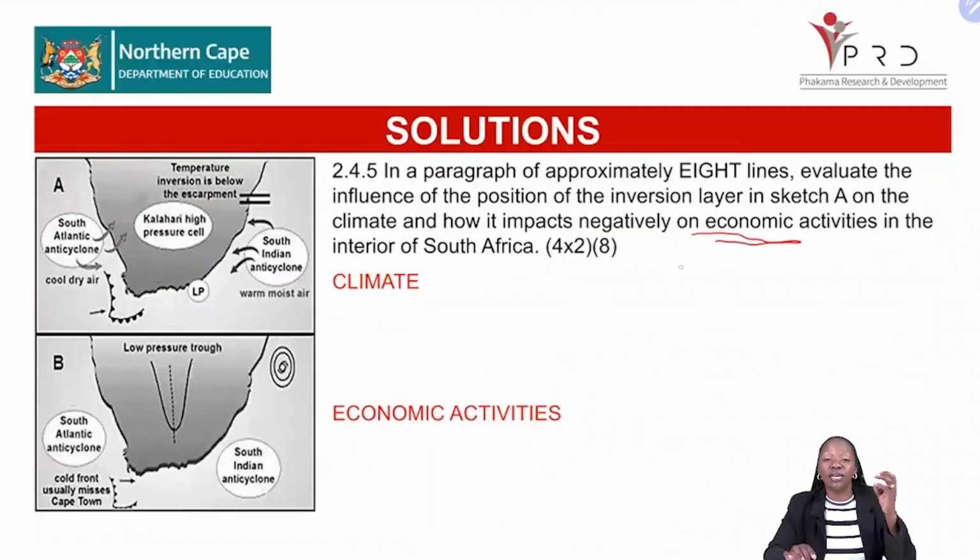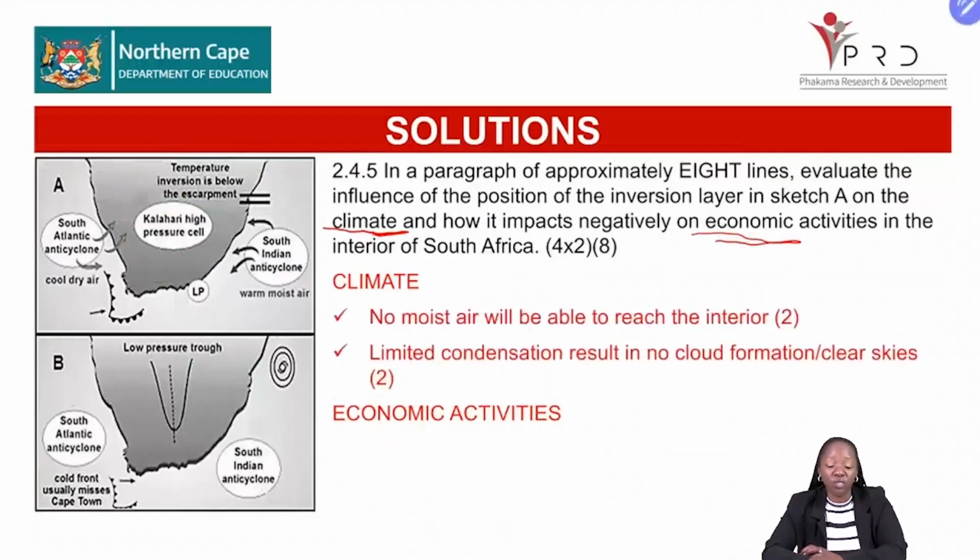So you cannot give environmental or social impact, because the question was specific to the economic activities on the interior of South Africa. And also, we're looking at the climate and the economic. So under climate, again, as we've said, the question is asking two features or two things. Make sure that you identify which answer belongs to which feature.